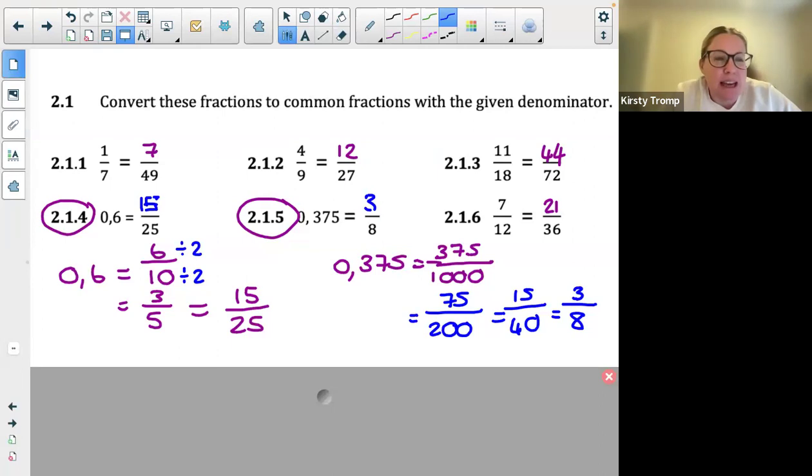Mateo's asking me, ma'am, can't you just type it on the calculator? Then the answer is given. Mateo, I agree with you. You can just type it on the calculator. The problem is that in grade 8, when the instructions say show all workings, and you haven't shown all your workings, what happens?